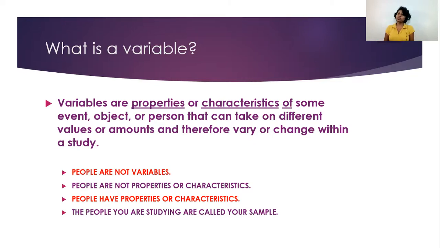If you are studying, let's say, university level students that have a GPA of 4.0 and above or below, then your sample is the students, but the variable, the property or characteristic that changes is their GPA.